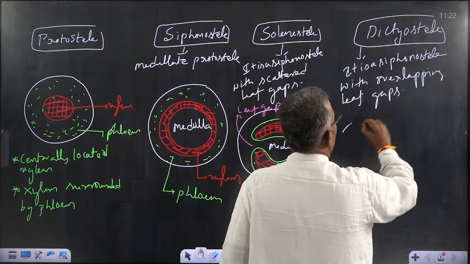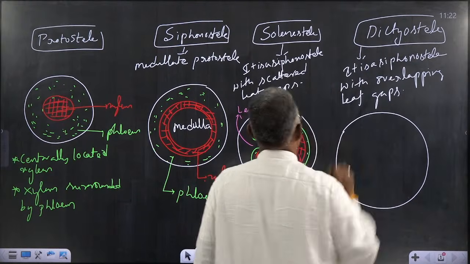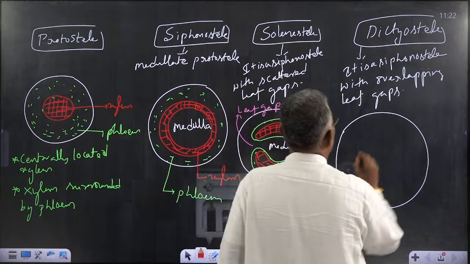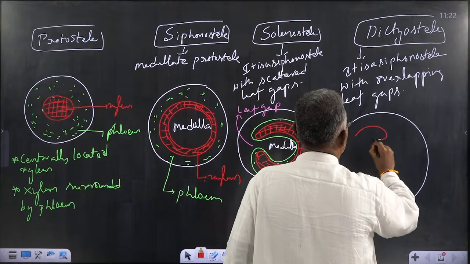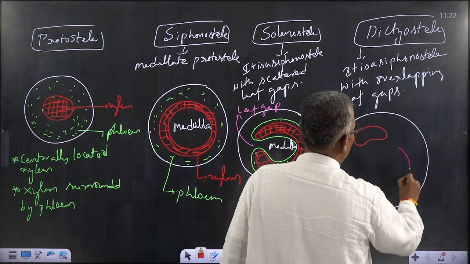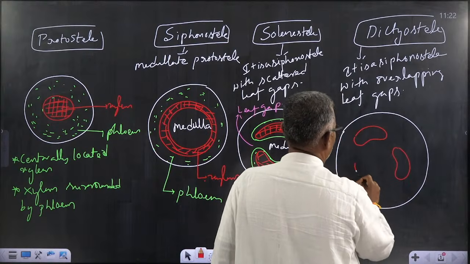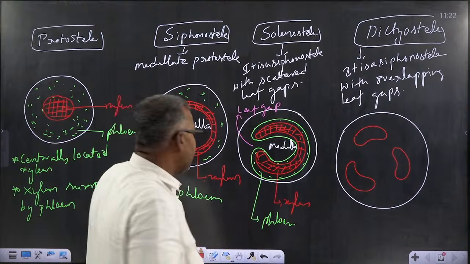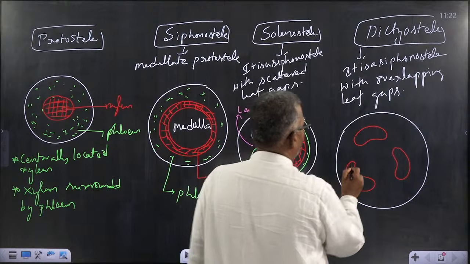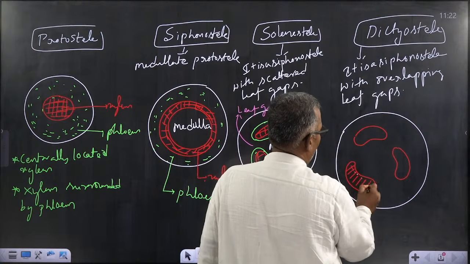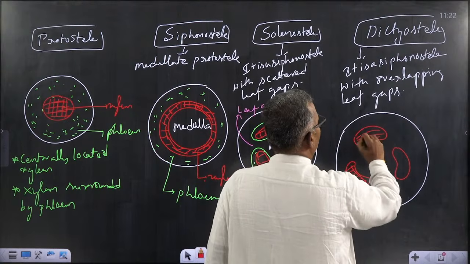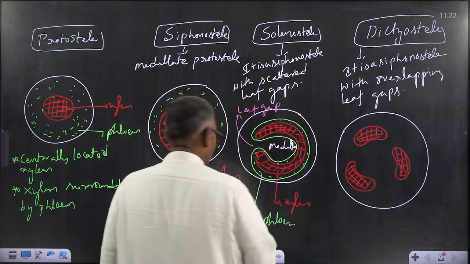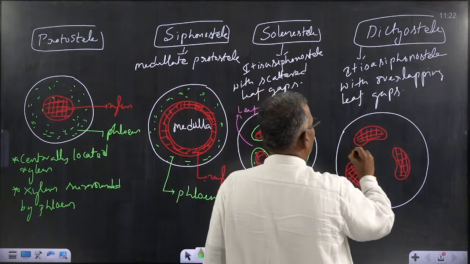Look at here. Now this is the stele. Now the stele is broken into many fragments like this. This is one fragment and this is another fragment and this is another fragment. And each fragment will have its own xylem and it will also have its own phloem.